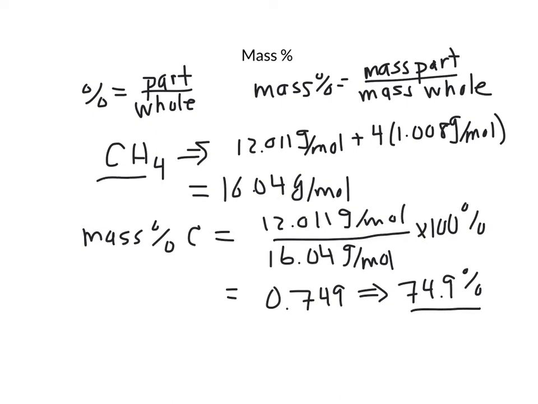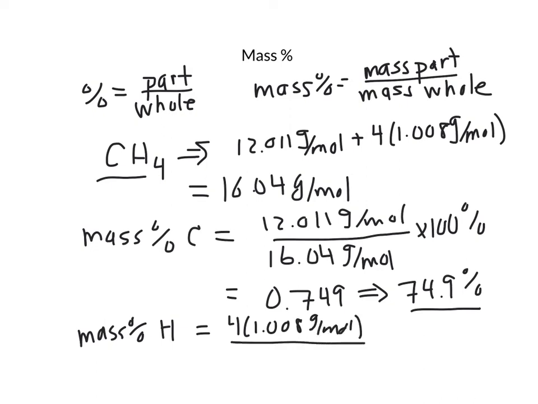If I want the mass percent of hydrogen, I need to take the mass of hydrogen in the molecule, which is 4 times 1.008 grams per mole, because there are 4 hydrogens, divided by the mass of the whole thing, which is 16.04 grams per mole, and then times 100% to get it into percents from fractions.